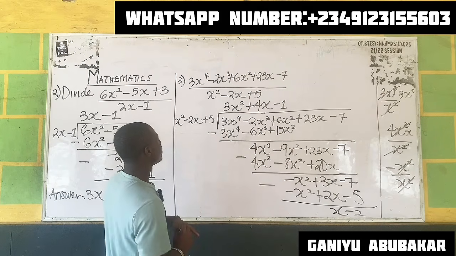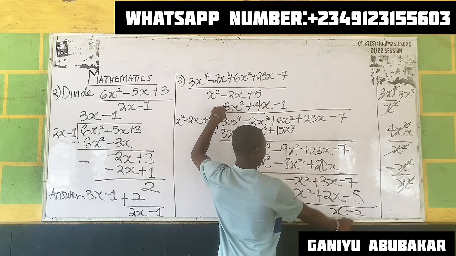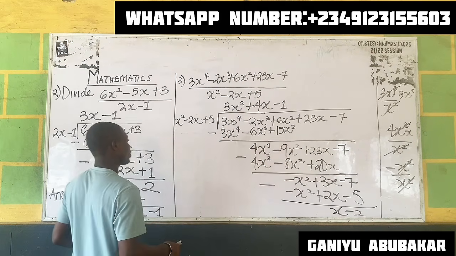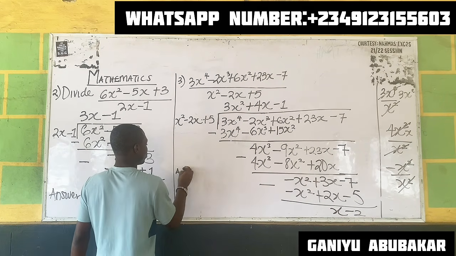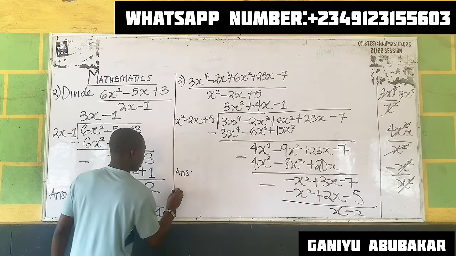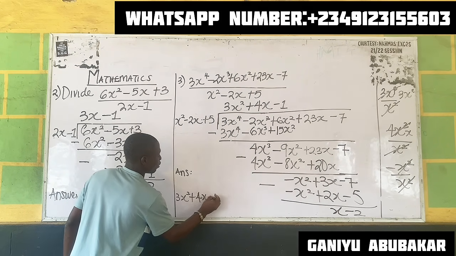So this is our dividend, divisor, quotient, and remainder. How do you put your answer? You pick out your quotient first. The answer becomes the quotient first, that gives you 3x squared plus 4x minus 1.